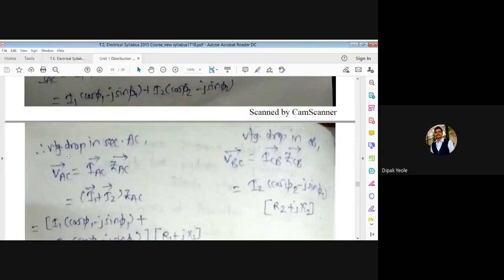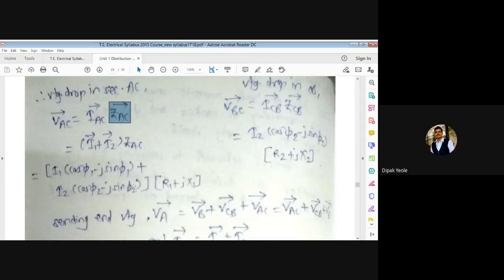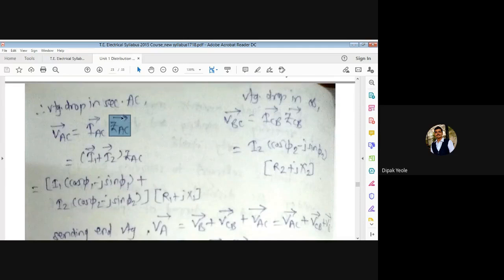After that we are interested in voltage drop. And what is the voltage drop? Voltage drop is nothing but the product of current flowing through that particular component and the impedance. For the case of AC, alternating quantity असेल तर तुम्हाला impedance घ्यावा लागेल. I1 plus I2 into ZAC. Put the value of these two parameters, solve this equation, and you will get your final equation of voltage drop.